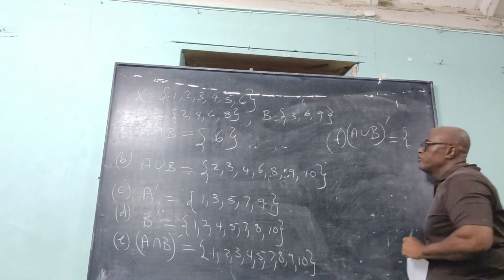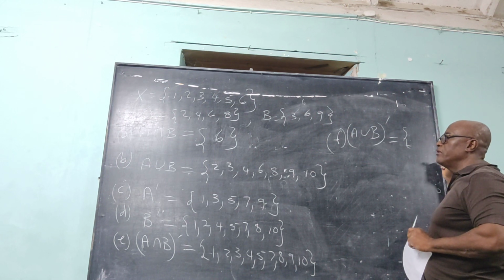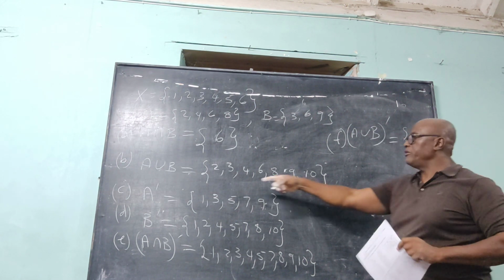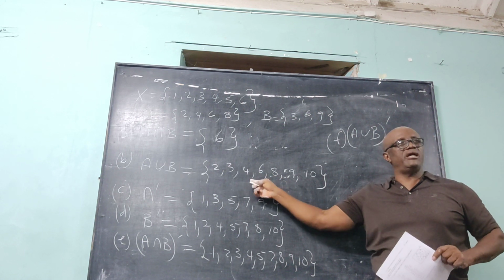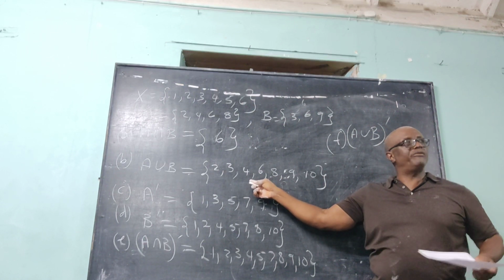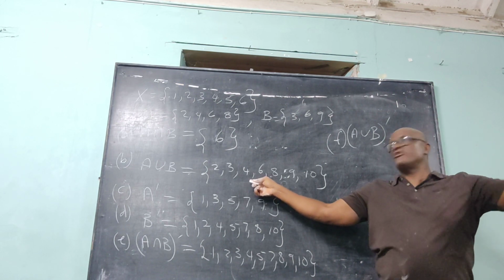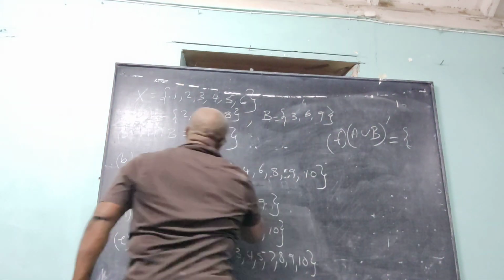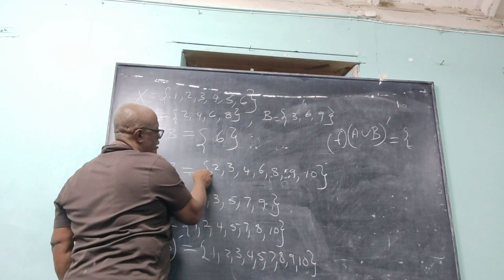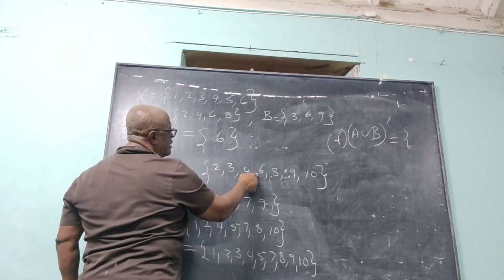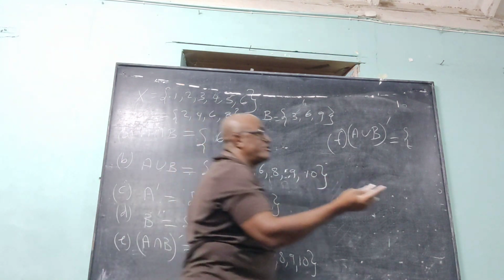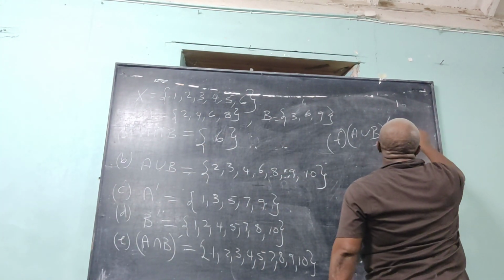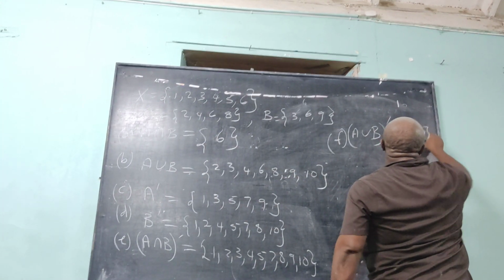What do you have to look at to get the complement of the union? You have to look at the union, because you want what is not in here. To get the complement. You following? So you have to see what is missing from it. 1 is missing. 5 is missing. 7. 1, 5, 7. So that's it.